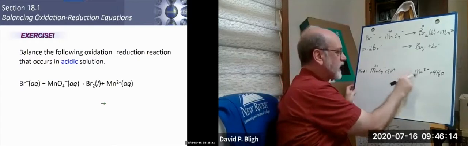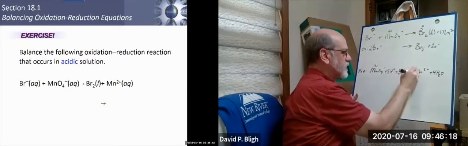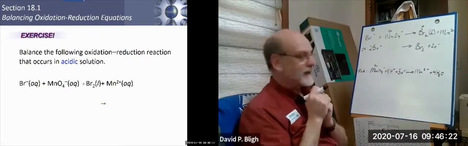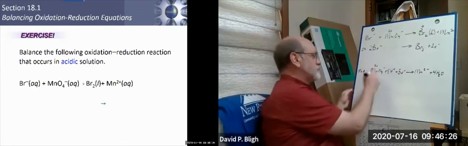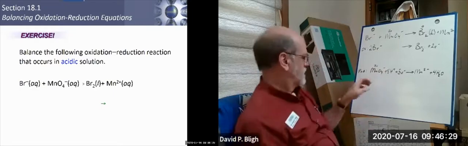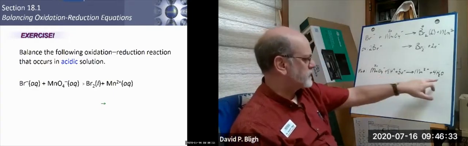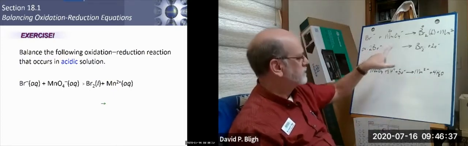So we only have 1 manganese, that means we gained 5 electrons. Okay? So now, I'm just checking myself. 1 manganese, 4 oxygens, 8 hydrogens. Okay, that's good.